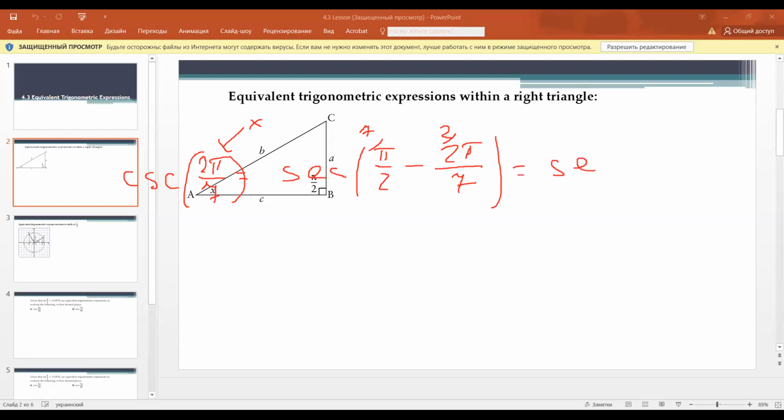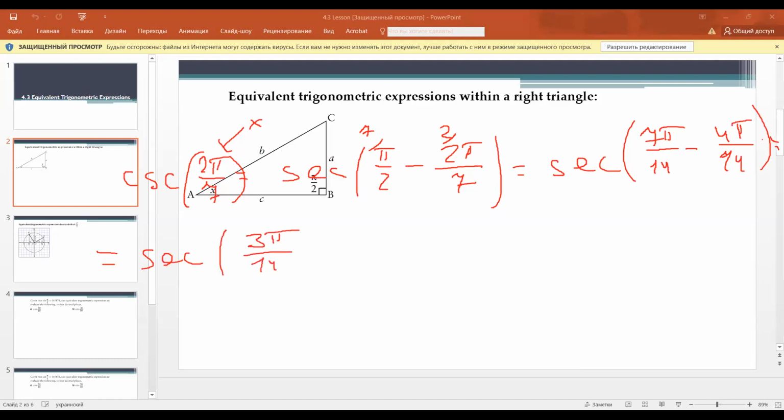Now secant of 7 pi over 14 minus 4 pi over 14 equals secant of 3 pi over 14. And that's exactly what we are looking for, secant of 3 pi over 14.